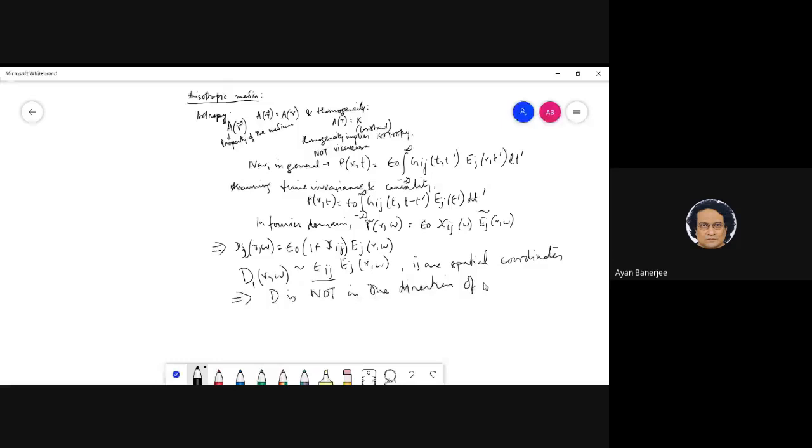One particular E will actually have represented D. So the obvious consequence would be D is not in the direction of E.